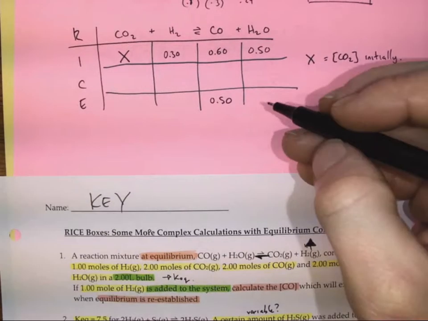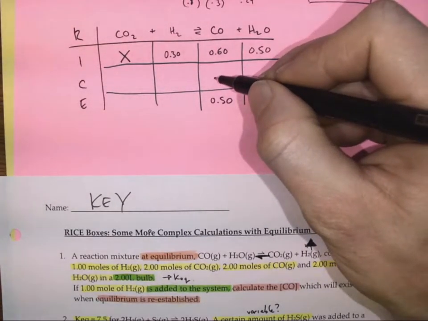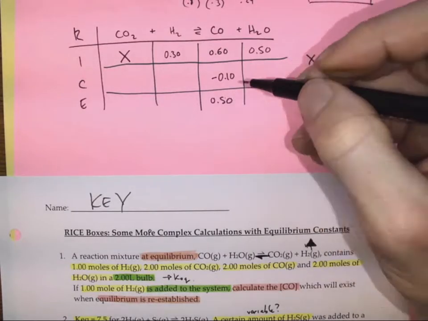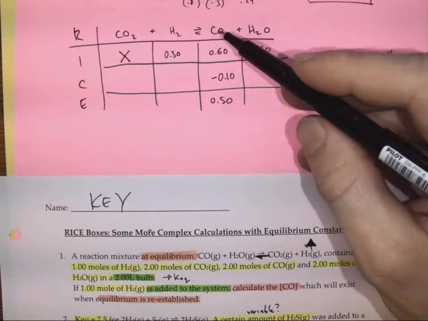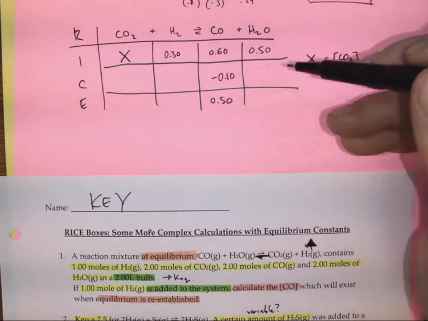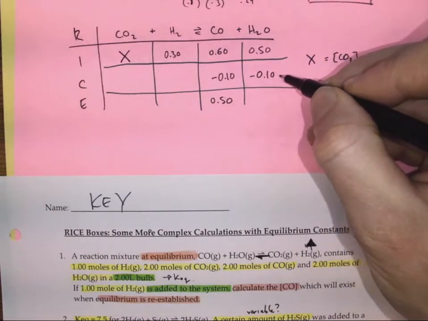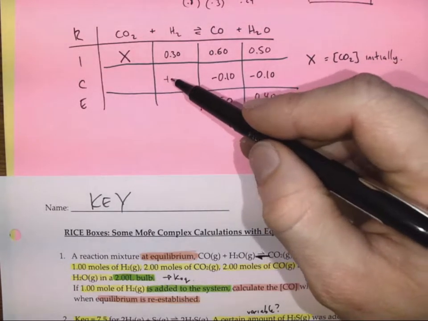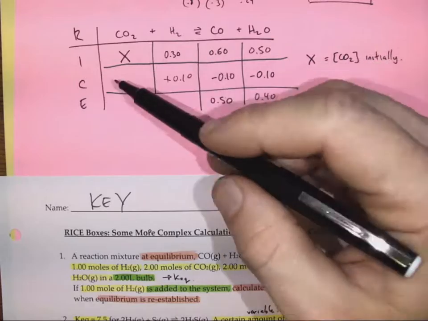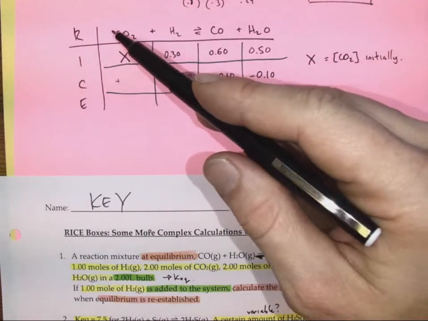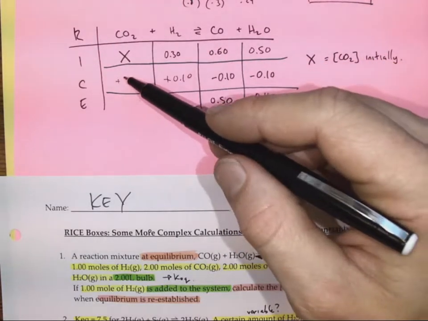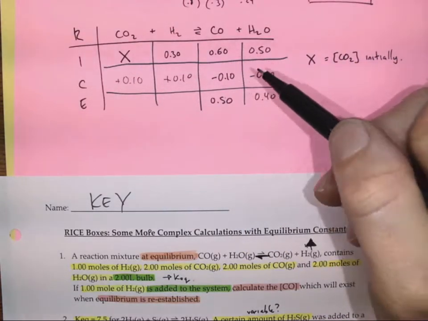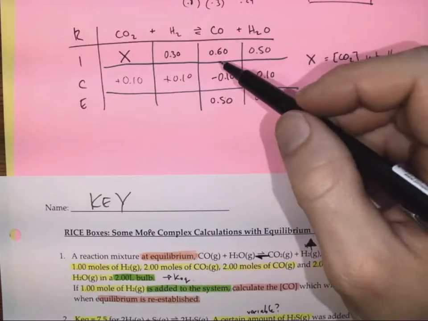All right, so that shows me how much we're going to lose. We're going to reduce by 0.10 moles for every liter. And for every amount of carbon monoxide I'm going to lose, we're going to lose that much water, which gives us 0.40, and then we're going to add that much hydrogen and add that much carbon dioxide, because that's what's going to get us carbon monoxide.